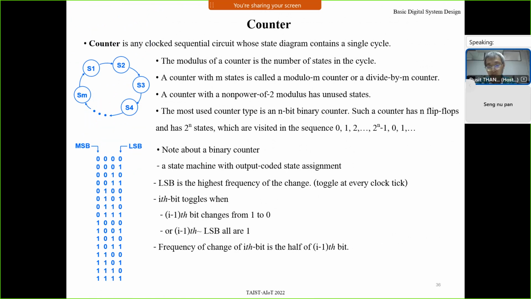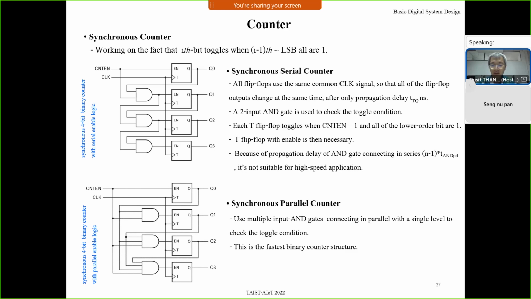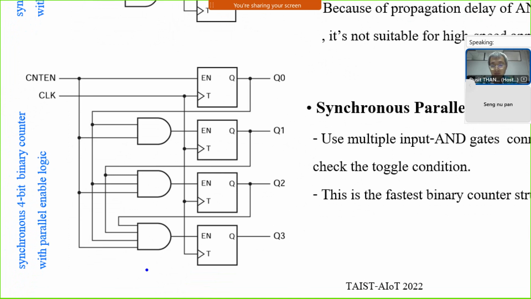So by this condition, I can implement the circuit. For example, this one is a T flip-flop. A T flip-flop will change its value at a clock tick when enabled.